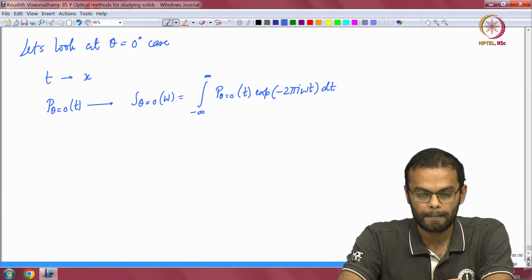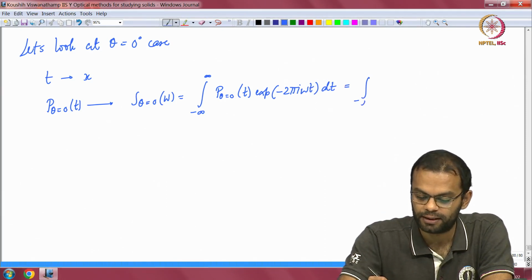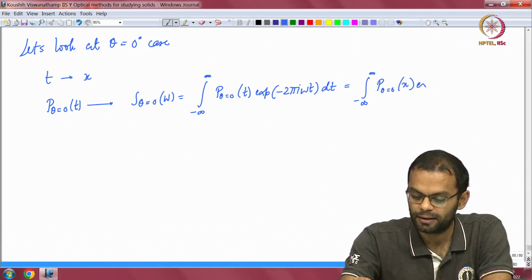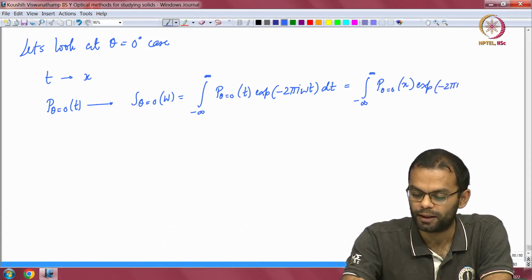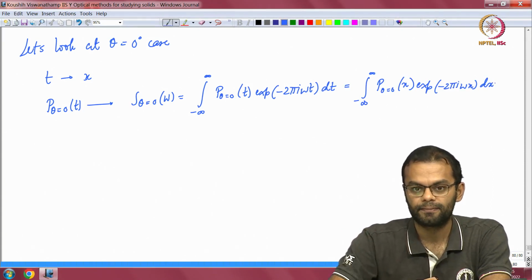Okay. So now t is the same as x, right. So we will just write this as minus infinity to plus infinity p theta equal to 0 of x exponential minus 2 pi I w x dx. Okay.